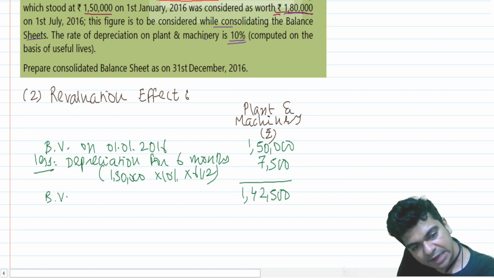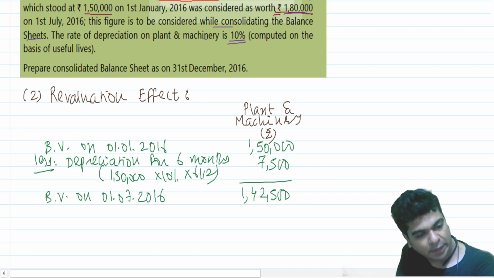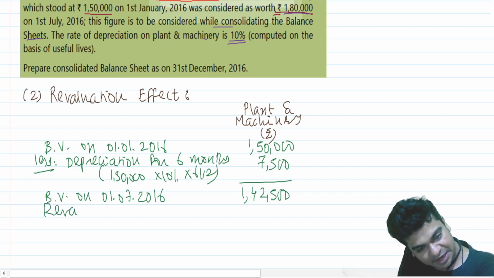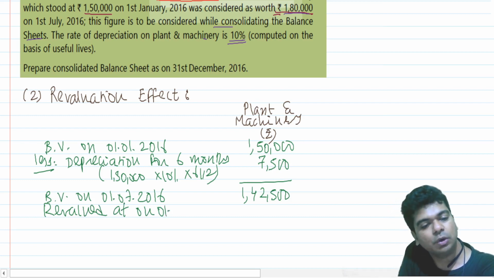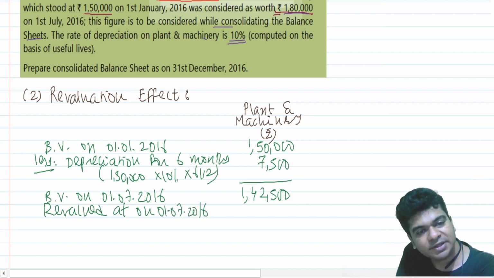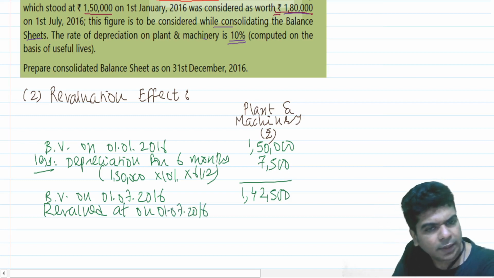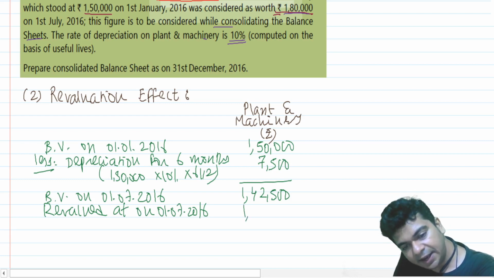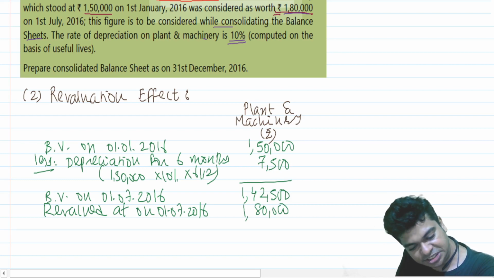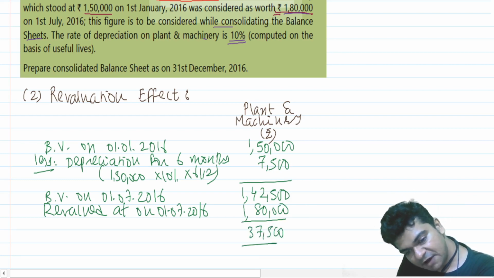Tell me, what is 142,500? 142,500 is the book value on 1st July 2016. And now below that I say revalued on 1st July 2016 at 1,80,000. What's the difference? 37,500.